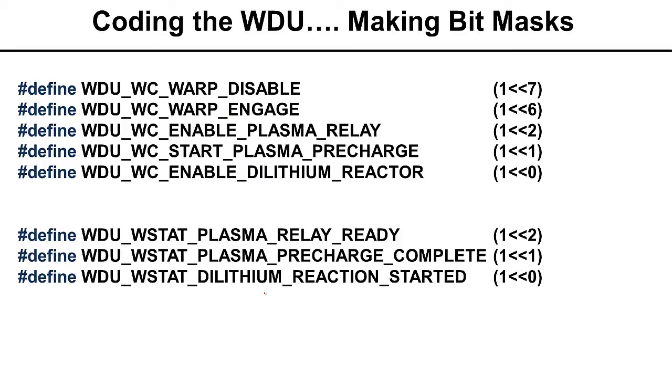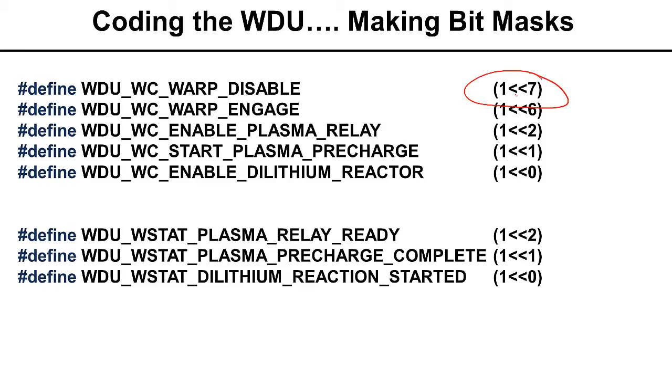So let's go back to the warp drive unit, all right, and make some masks. So if I was writing a driver, a header file, which we'll look at in more detail in future videos, I would do something like this. I would define nice mnemonics where I'd put the register name, underscore, then the name of the bit, and then I would define the mask. Now you notice the notation I use.